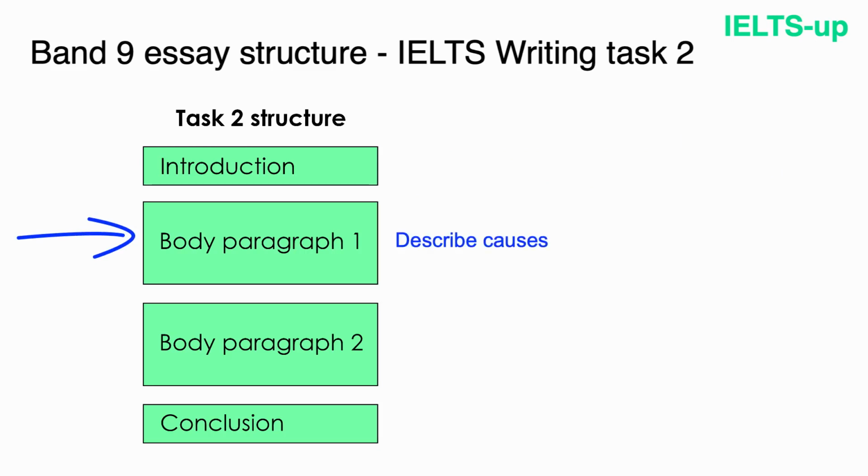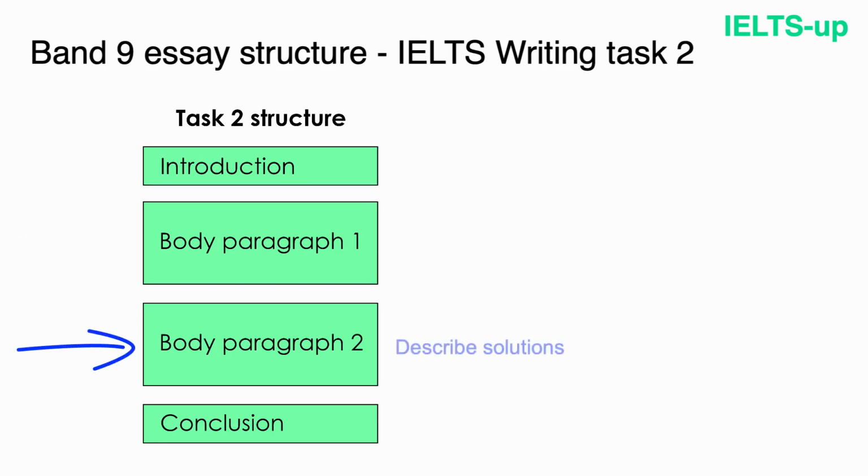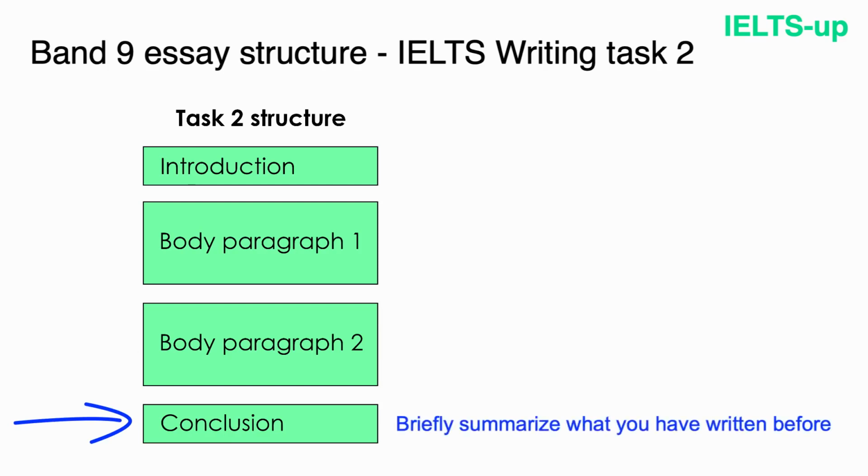In this paragraph, you describe causes. Next, you write body paragraph 2, and in this paragraph, you describe solutions. Finally, you write a conclusion. In the conclusion paragraph, you briefly summarize what you have written before.